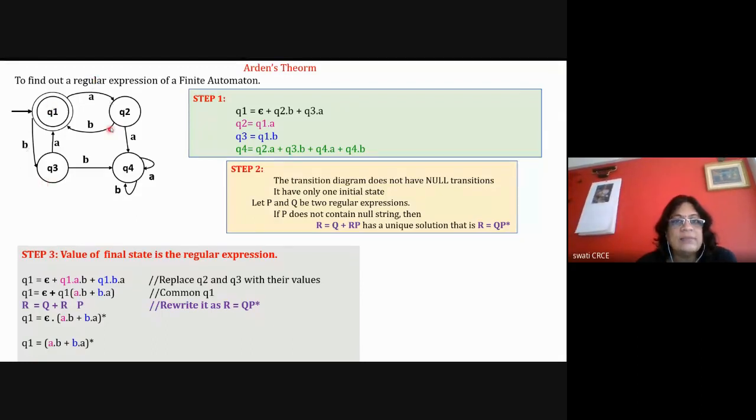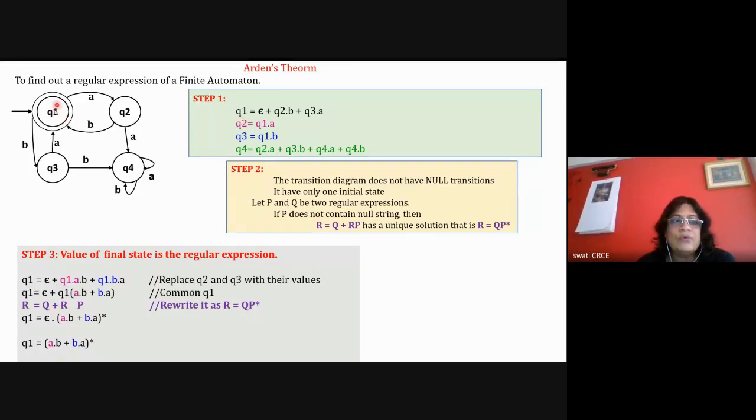My step 1 is to write down the equation for each of the states. The first step is to write down the equations for Q1, Q2, Q3, Q4 because I have 4 states. I'll start from Q1.